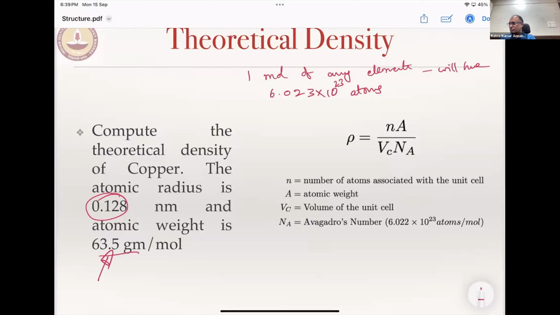Okay? For 1 mole, it will weigh 63.5 grams. Now, density of copper. What is density? Mass per unit volume, right?